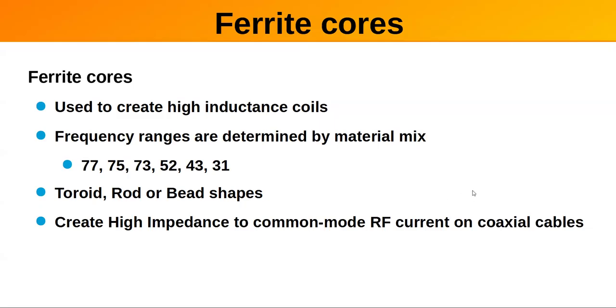So that mix is what those numbers represent, and it's a mixture of different types of oxides to come up with those characteristics. And like we were talking about common mode chokes, that's one of the big uses of it, whether it's a toroid or a bead, you can do it either way.